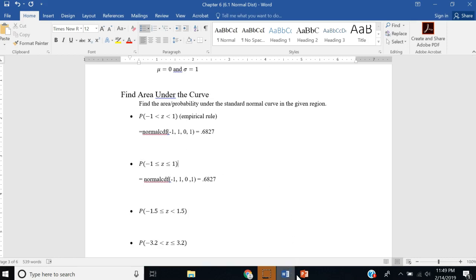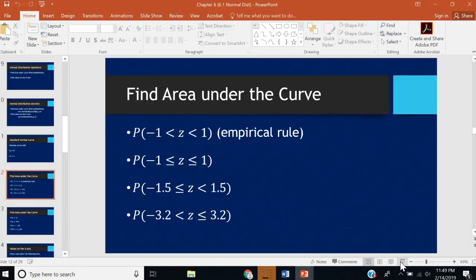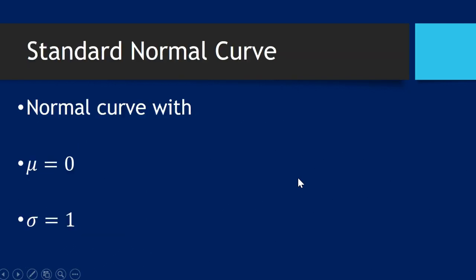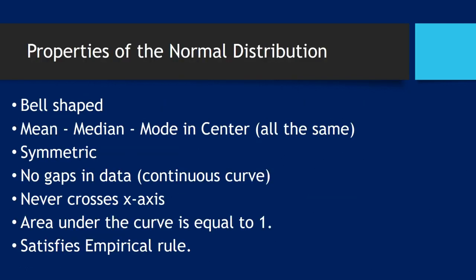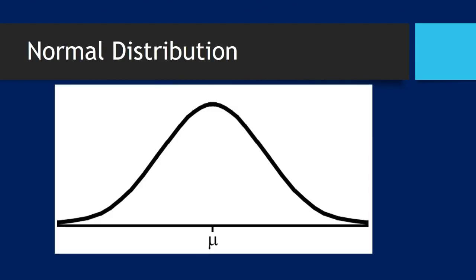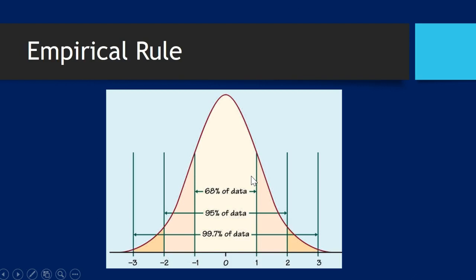The reason for this is that property of the normal curve that said there's no gaps in the data. So if there's no gaps in the data, think about where 1 is. Well, let me actually go to that one. Think about where 1 is. It's consisting of just this green line, right?